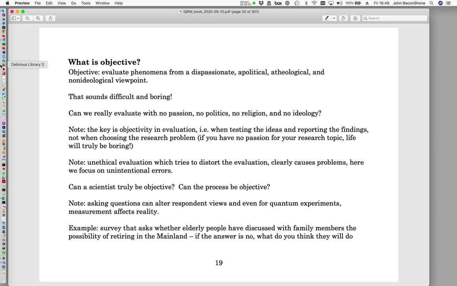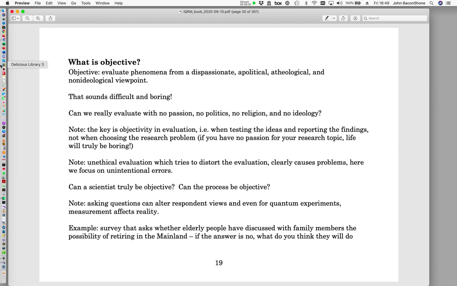So that raises some rather deep philosophical questions. Can you, as a scientist, truly be objective? And can the process be truly objective? The honest thing is we need to sometimes reflect on that, because asking a question can sometimes alter the views of the respondents. And I don't just mean intentional.